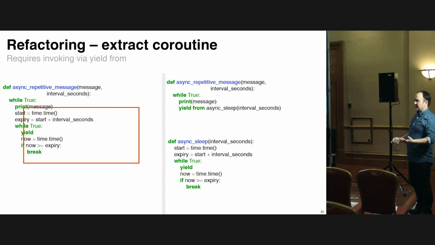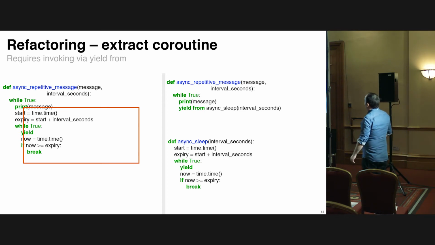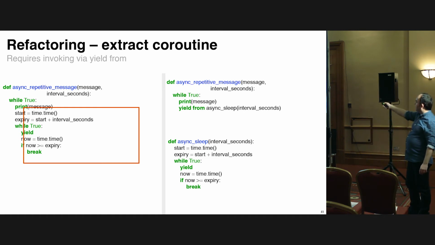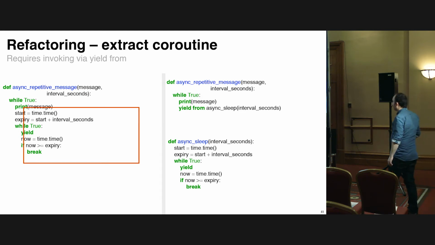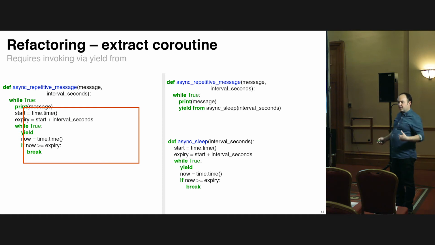I mean, that's what it does. And that makes sense. Repetitive message involves printing the message and sleeping in a loop. So we'll refactor async repetitive message to print the message and then yield from async sleep, which will be the extracted code. Very straightforward refactoring. Of course, because we're extracting a coroutine, we have to yield from the coroutine rather than just calling it.